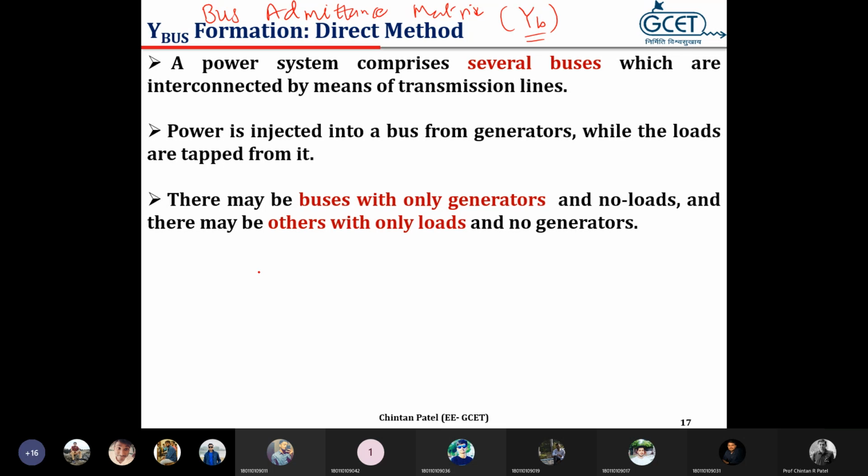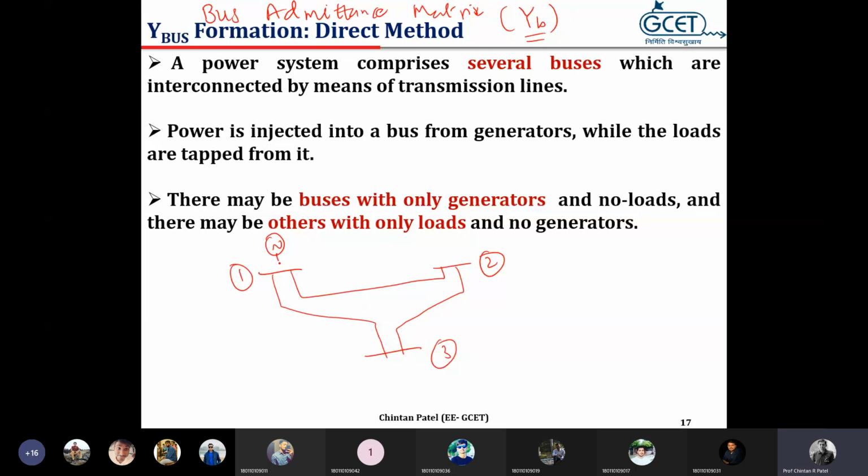So let's try to understand with a simple example. In this 3 bus system, bus number 1, 2 and 3, here a generator is connected. Here also there is a generator. And at bus number 3, various loads are connected.